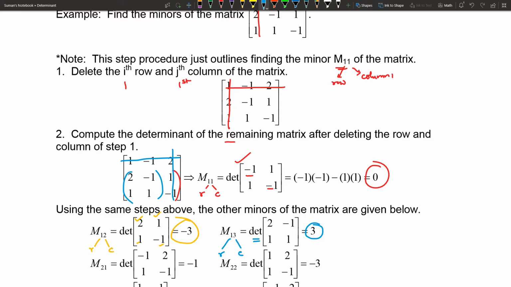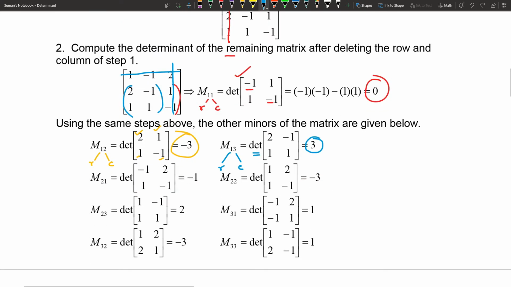Same as before, suppose we have to find the minor M31, that means the third row and first column. We delete the third row and first column, so the remaining matrix is minus 1, 2, minus 1, 1.